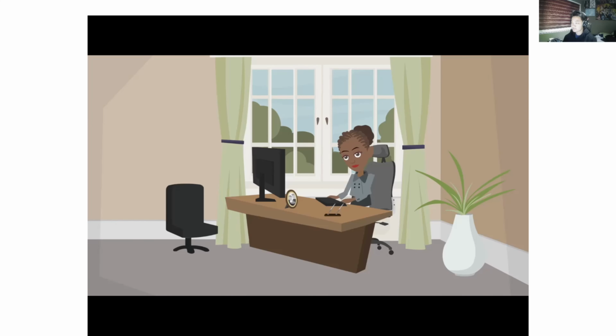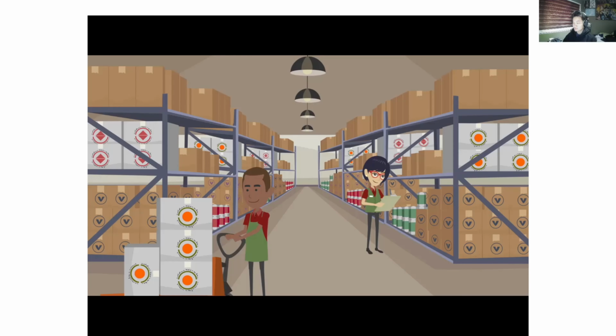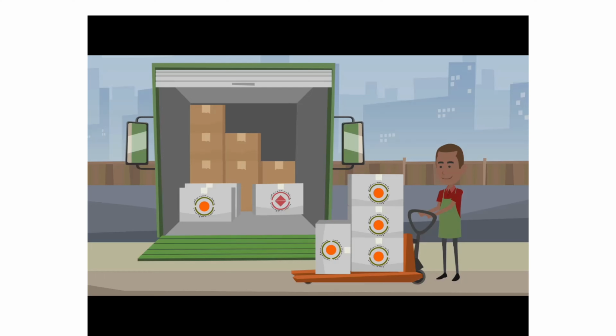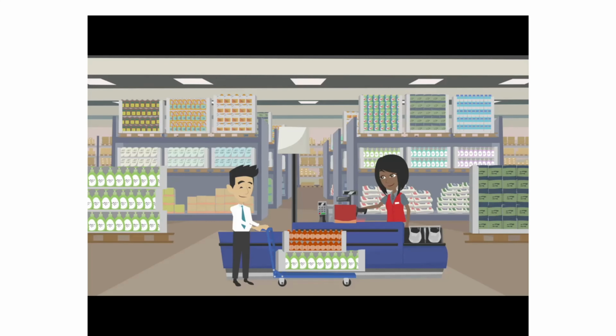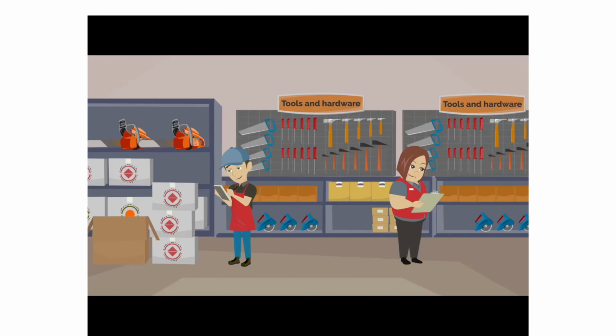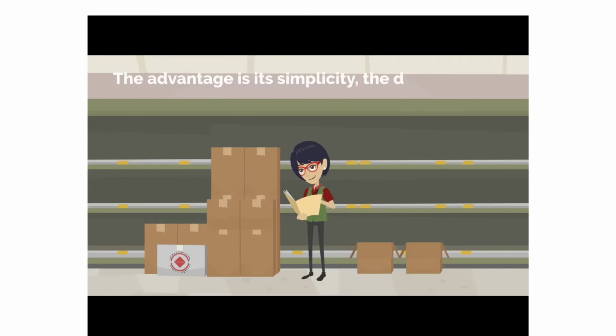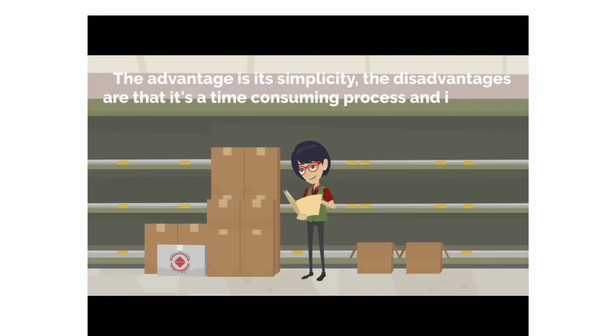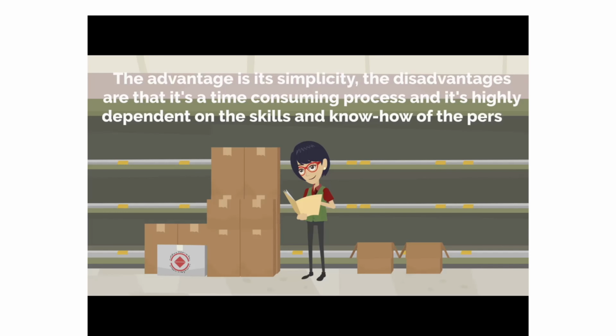Inventory management is a system whereby stock and assets are tracked as they enter and leave a destination, whether it be a warehouse, wholesaler, or final point of sale. Stock review is the easiest method to perform, and it is most appropriate for small businesses. The advantage is its simplicity. The disadvantages are that it's a time-consuming process and it's highly dependent on the skill and know-how of the person conducting the inventory review.